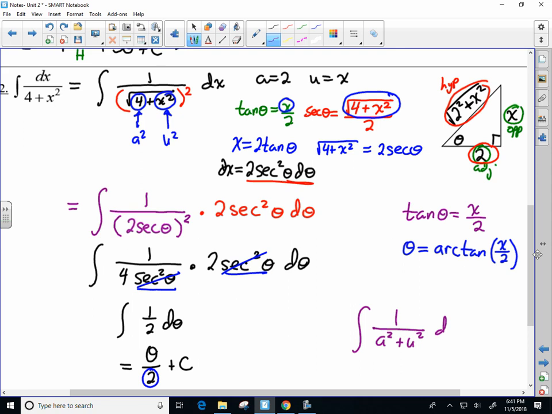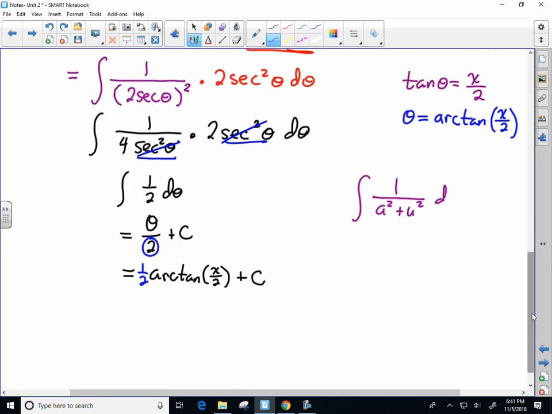Right? I mean, I have a 4, but that was some a squared, right? dx. So what did I end up with? 1 over whatever the a is times the arctan of x over whatever the a is plus c.